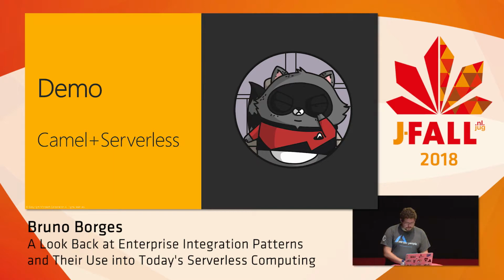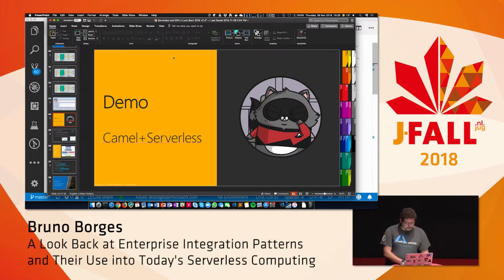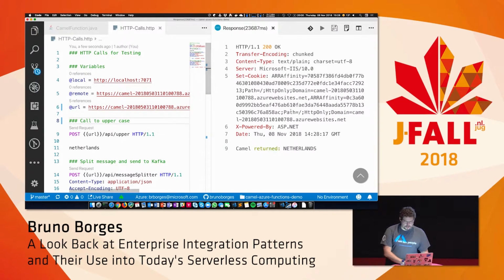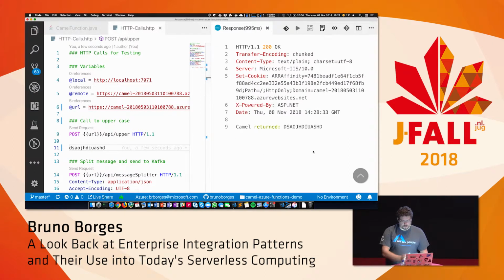You cannot see it, right? Yes, again. This company that did PowerPoint, it's crazy. OK, so here's the output of this code running, as you can see, Microsoft IaaS, that's the front end of Azure Functions. But here's the function returning Netherlands, and I can do whatever, and it will process again.